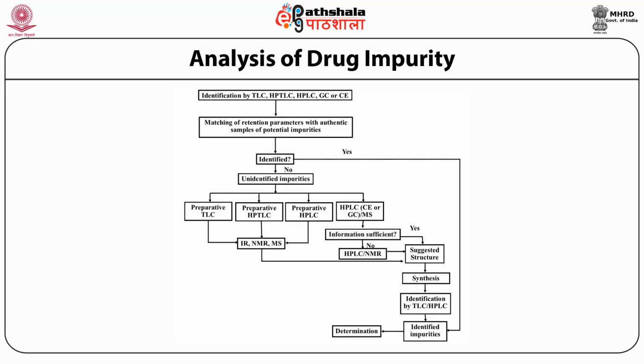And after that we can perform infrared spectroscopy, NMR, MS, and after identification we can go for the suggested structure, then the synthesis, and again we can go for identification by the TLC, and thus we can identify the impurity, and then we can think how this impurity is going to affect our product, and what is the limit of that impurity in the drug product.